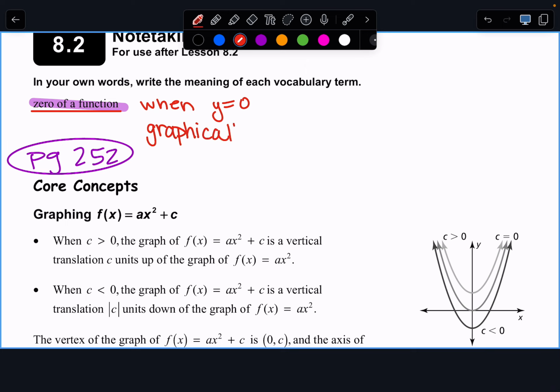Okay? So, the zeros of a function graphically give us our x-intercepts. Okay, it's telling us, hey, this is where your parabola hits the x-axis.